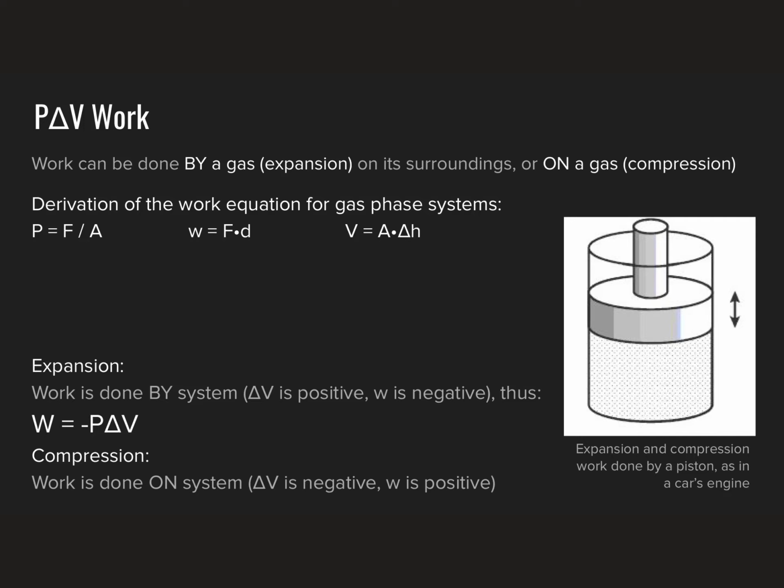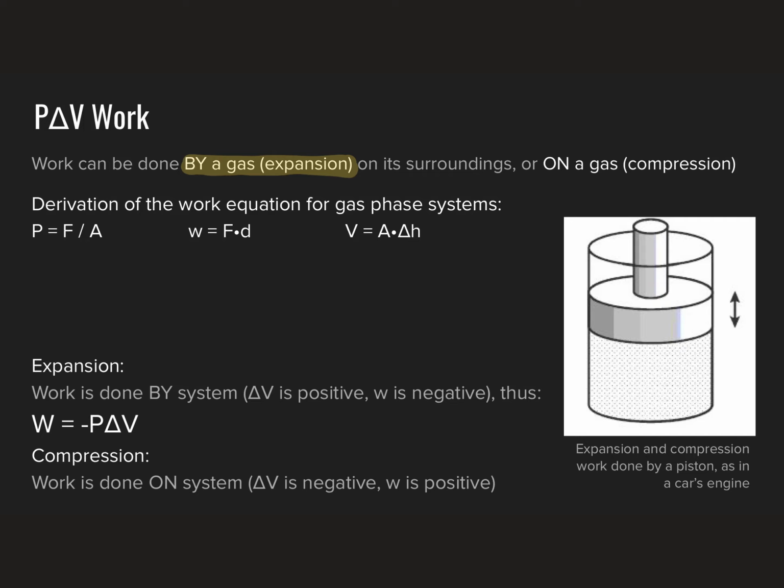So where I'd like to start here is with a relatively simple chemical system, like inside the internal combustion engine in your car, where we see the movement of a piston due to the expansion and compression of gases inside of that chamber. So we're going to be looking at work done by expanding and compressing gases. Work can be done by a gas on the surroundings as that gas expands outwards.